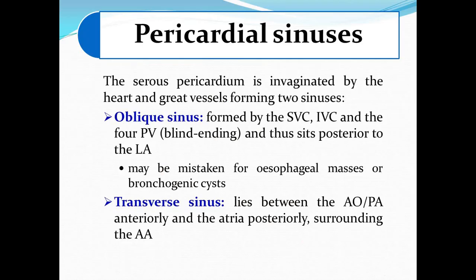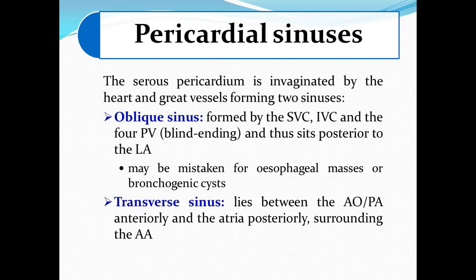We will see the recesses that make this structure. We need to be aware of this so we don't mistake it with esophageal mass or bronchogenic cysts, because they are coming at this location. Especially the bronchogenic cyst, because it has the same density and the same intensity.